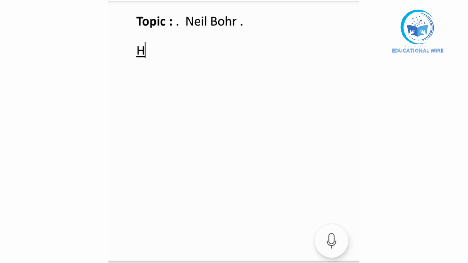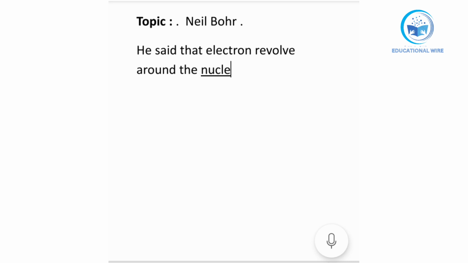So he said that the electron revolves around the nucleus. It's correct, but he also gave a theory that this happens because of two effects of forces.